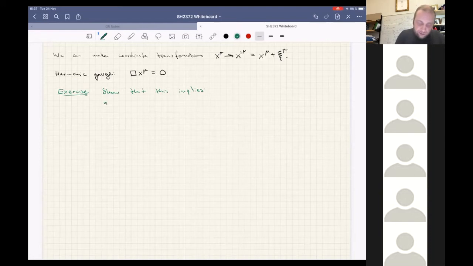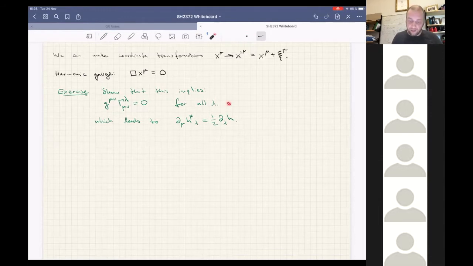This should imply that g^{mu nu} gamma^lambda_{mu nu} is equal to 0 for all lambda, which leads to a condition for the perturbation h, which is that if we take the derivative d_mu of h^{mu lambda}, this should be equal to 1/2 d^lambda h.